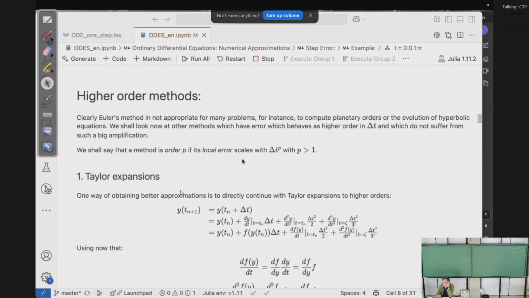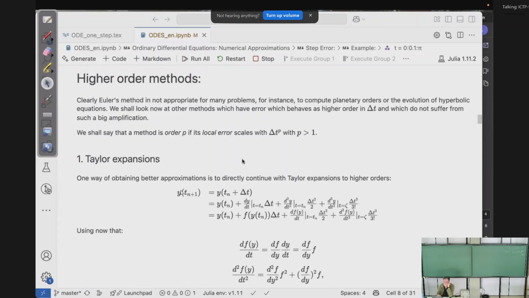So you can check other methods which are of higher order. So we are not going now to discuss the higher order methods. So how do you approach in a better way? Well, one way to do this is to use just Taylor's expansion.